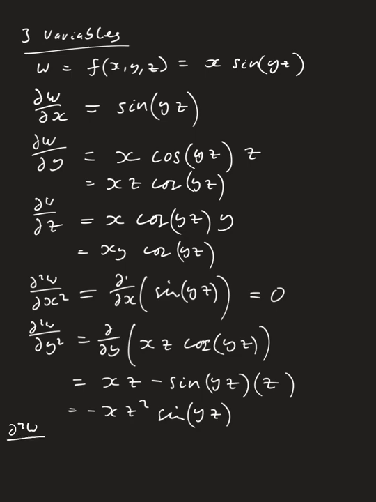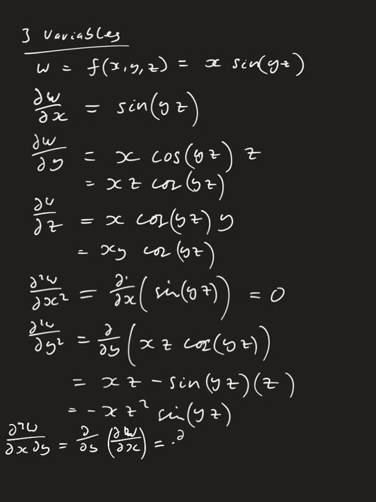Let's try del 2w del x del y. Well, that's equal to the derivative with respect to y, we can do it either way, of del w del x, or vice versa.